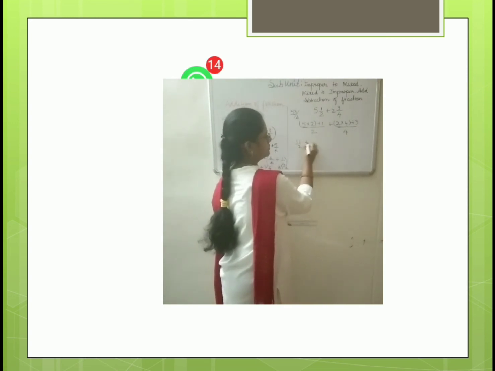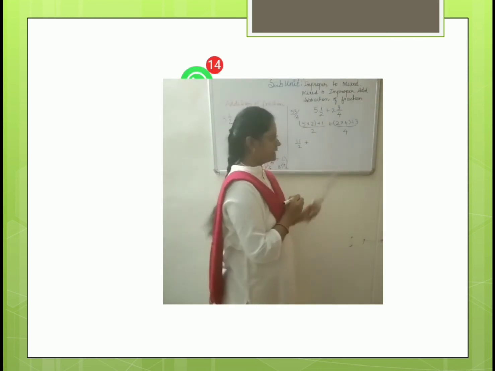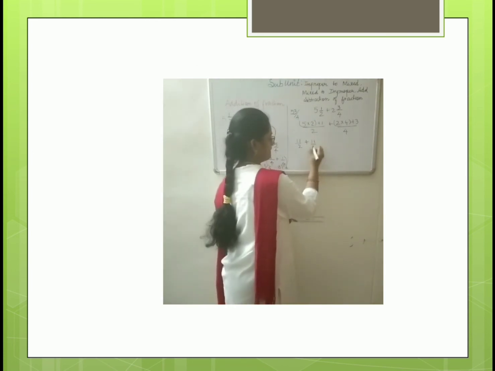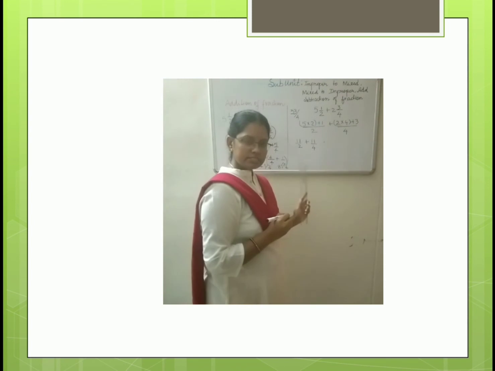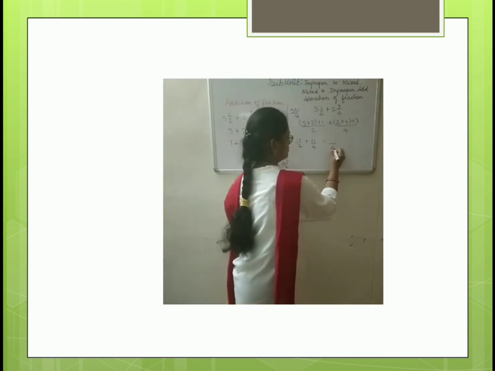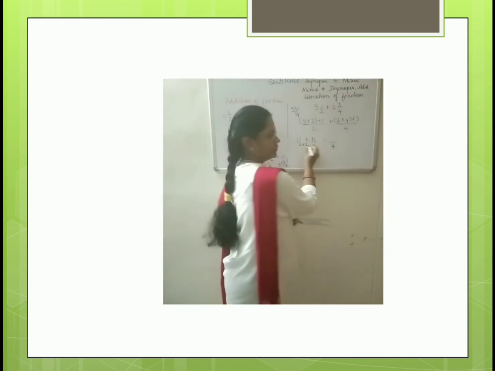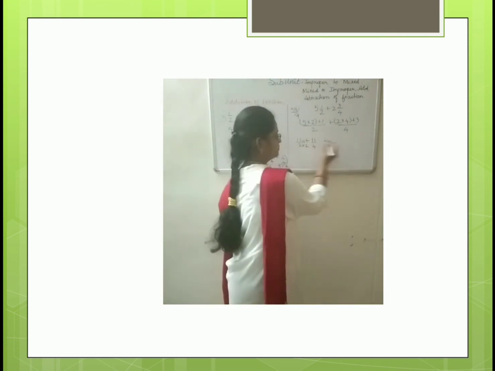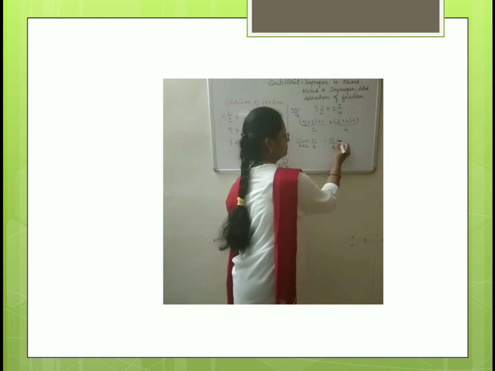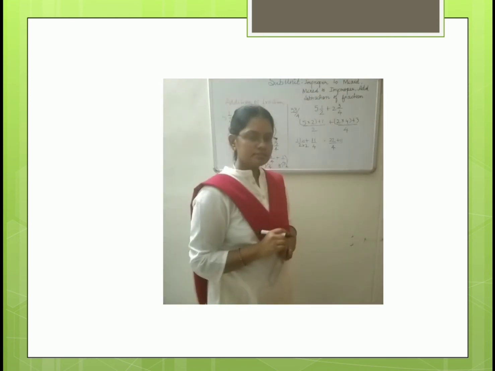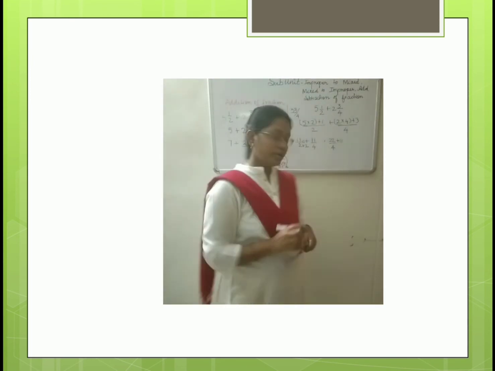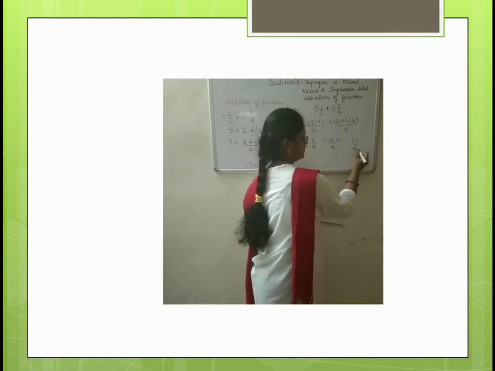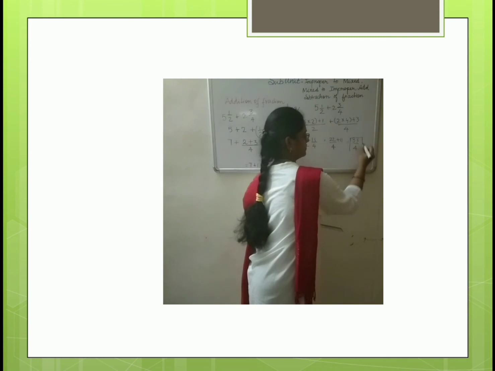So taking LCM once again, 4, we need to multiply by 2, 11 2s are 22 plus 11. What is the answer? 33 by 4. The same answer we got for this method also and for this method also in addition of fractions.